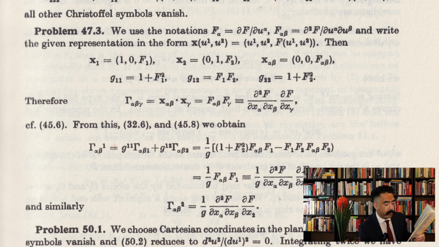Therefore, Γ_αβγ equals the scalar product of x_αβ with x_γ, which then equals F_αβ times F_γ, which is equivalent to ∂²F/∂x_α∂x_β times ∂F/∂x_γ.